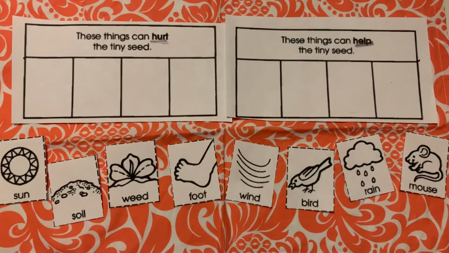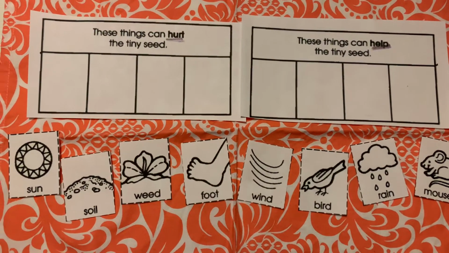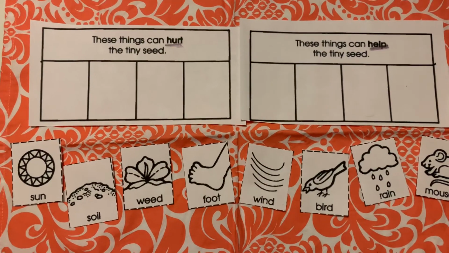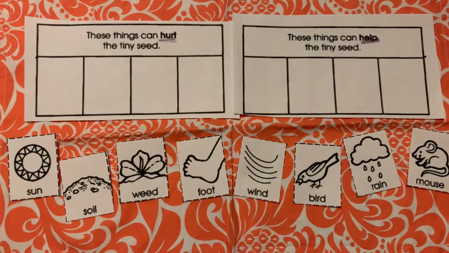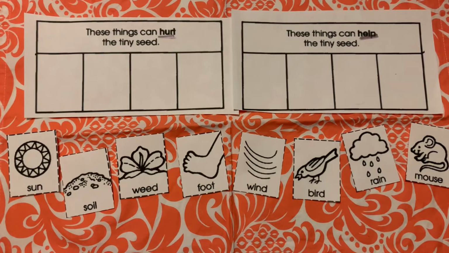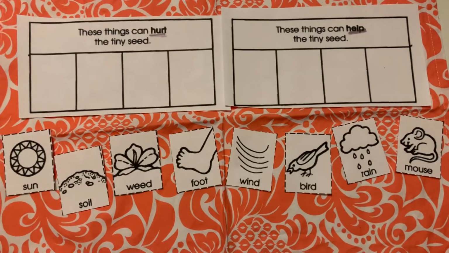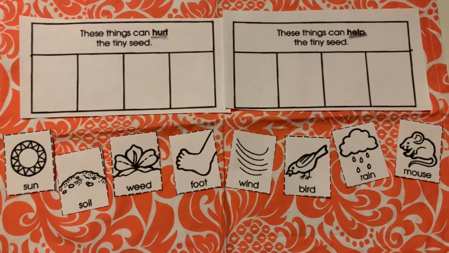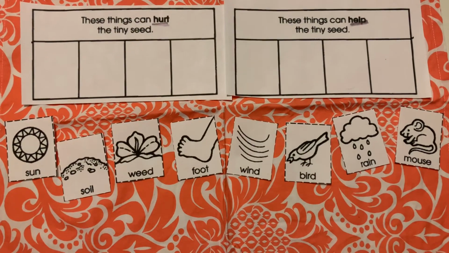We're going to have to think back to our story we've been reading, The Tiny Seed by Eric Carle. And we're going to have to recall and remember from our brain what were some of the things that hurt the tiny seed along its journey and what were some of the things that helped the tiny seed. And when we say help the seed, we mean help the seed to grow.